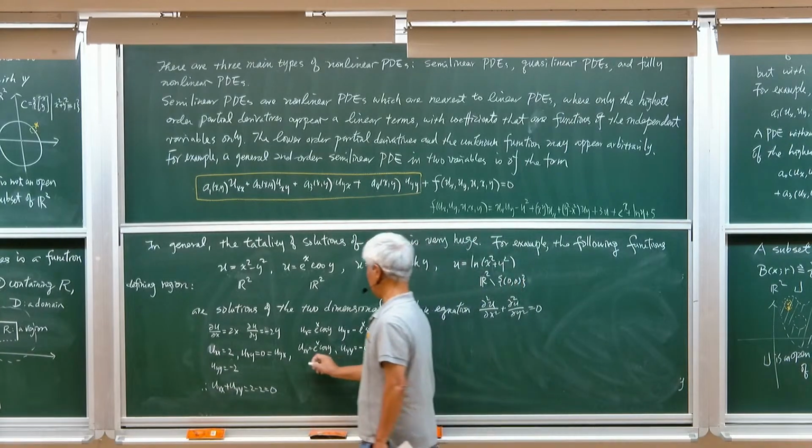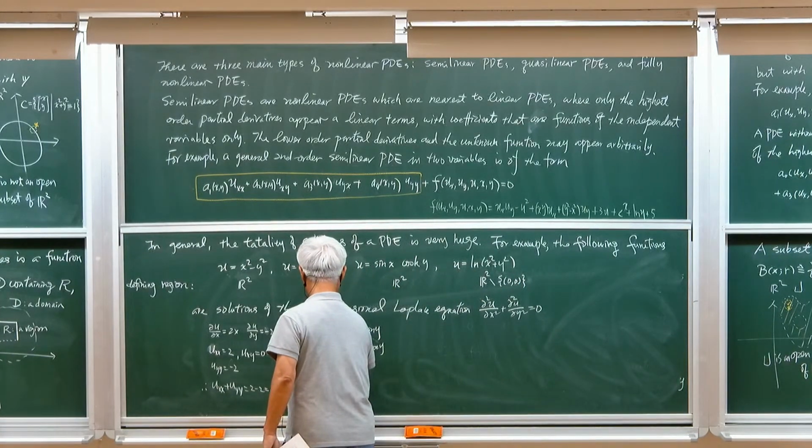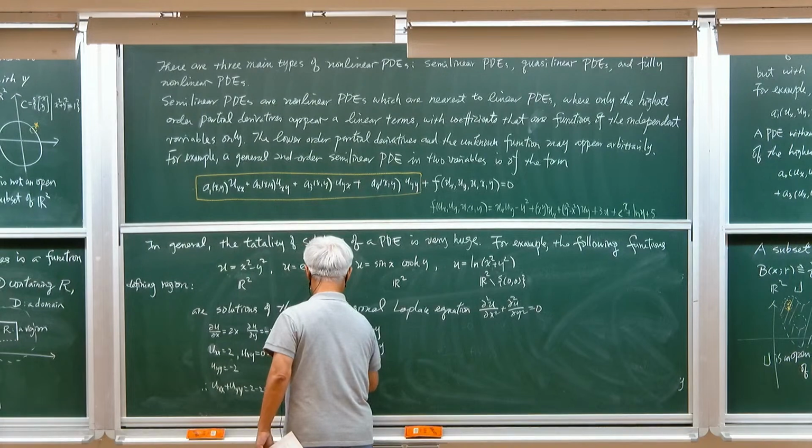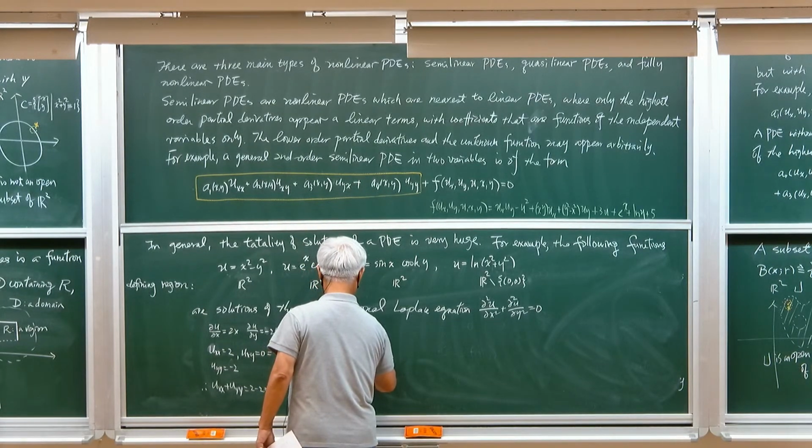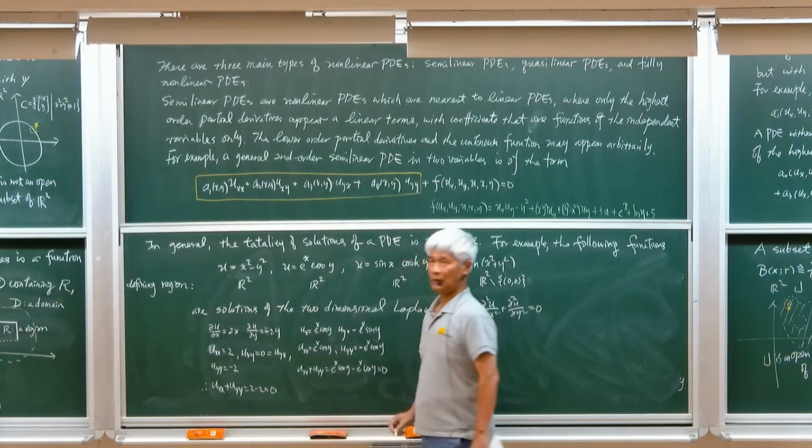Adding them together gives 0 for all x, y again.